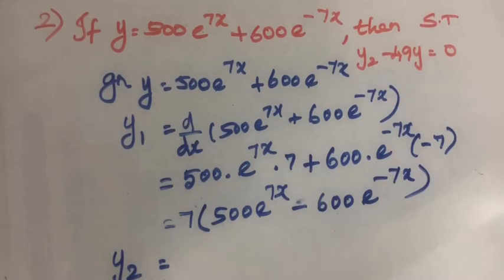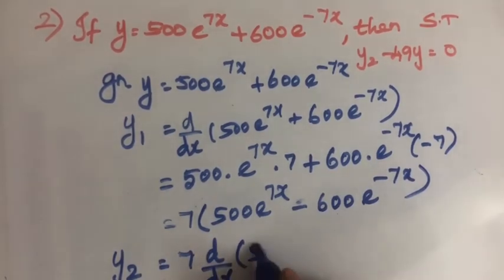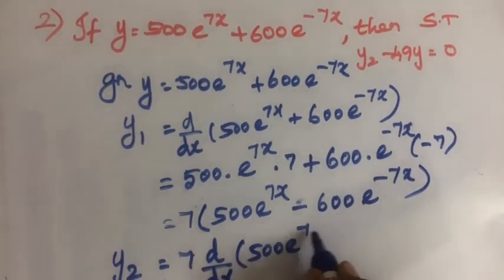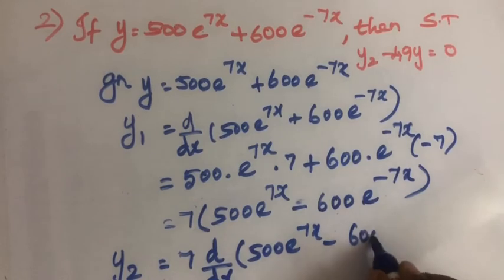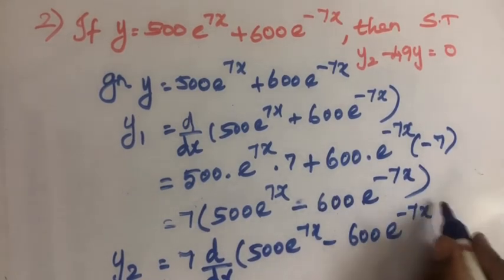Now we need to find y2. What is y2? That is the differentiation of y1. So 7 into d by dx of our y1. What is our y1? 500 e power 7x minus 600 e power minus 7x.